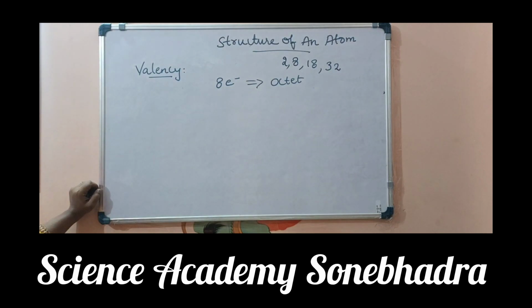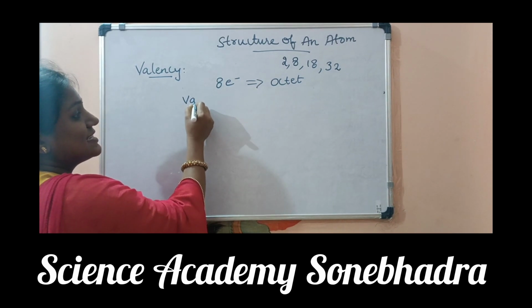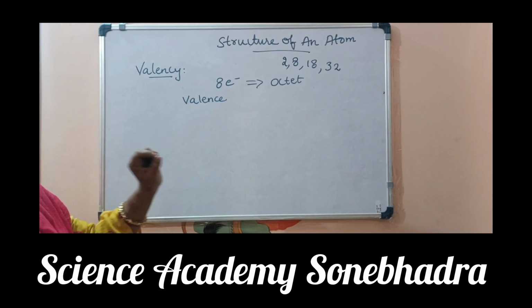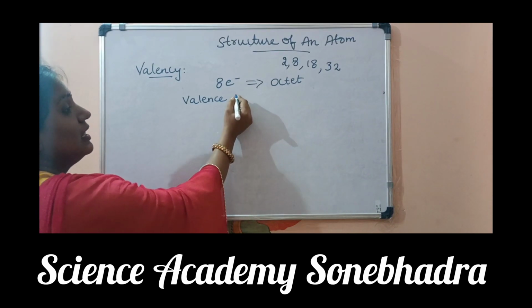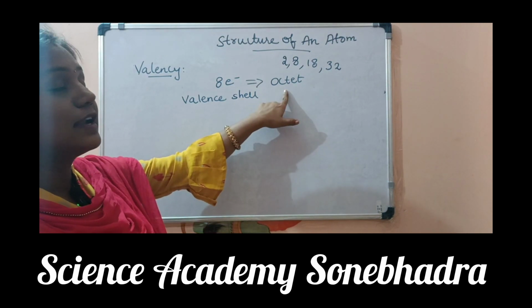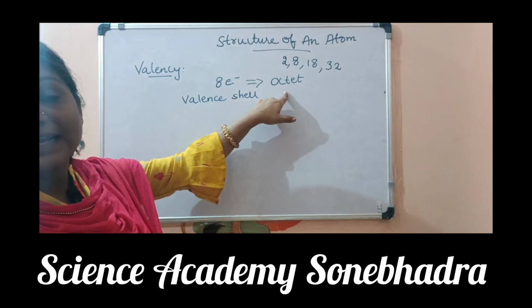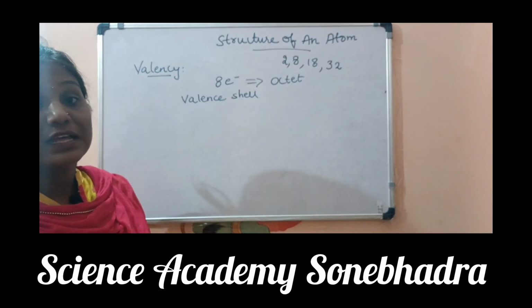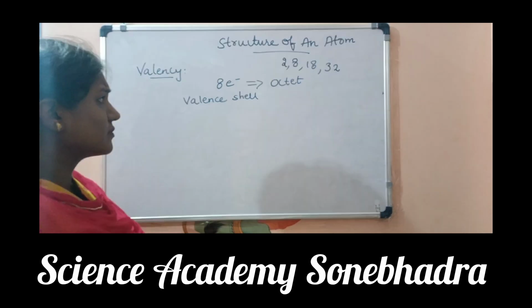The outermost shell is also called the valence shell. If an element has 8 electrons in its valence shell, then that element is said to have octet configuration and is found to be stable. It is also called a noble gas.